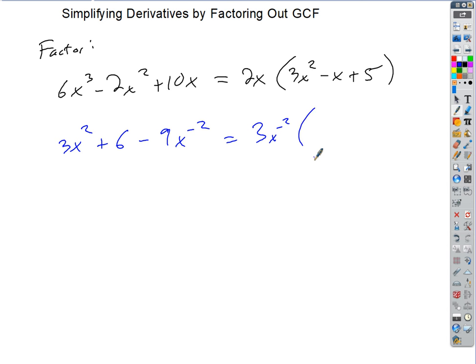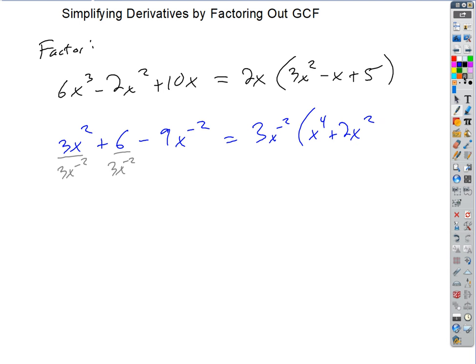Now, when I factor something out, remember, that's just a process of division. If I want to find out what's left behind, all I have to do is divide each term by the GCF, right? So what is 3x squared divided by 3x to the -2? X to the 4th, right? If I divide like bases, I just subtract exponents, okay? What is 6 divided by 3x to the -2? 2x squared, right?